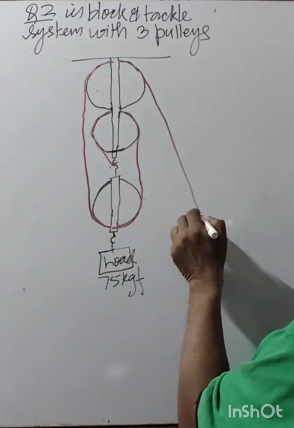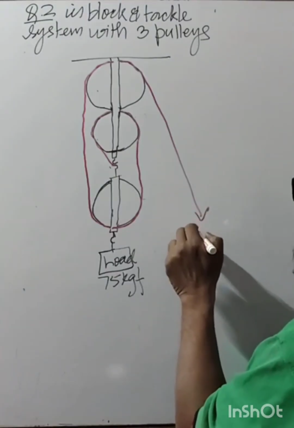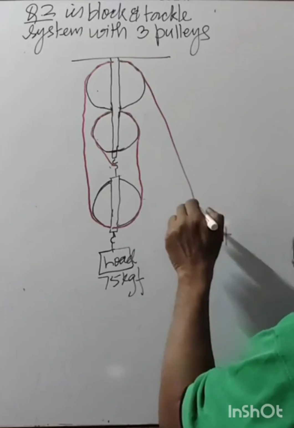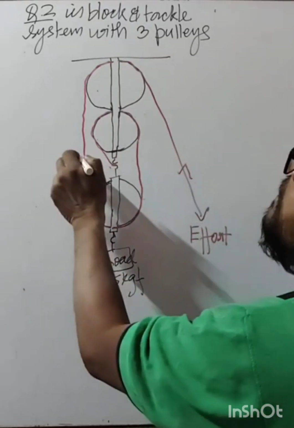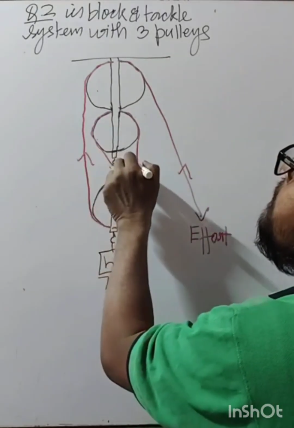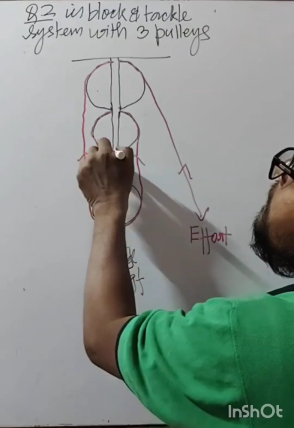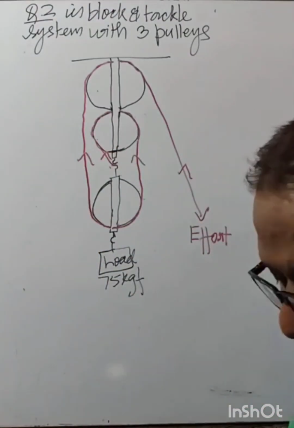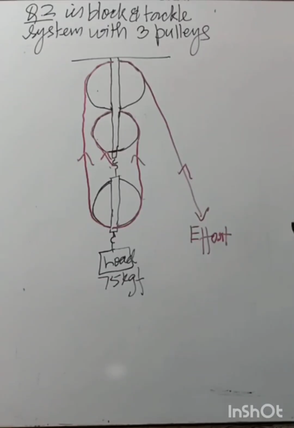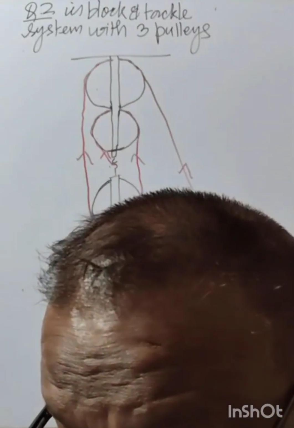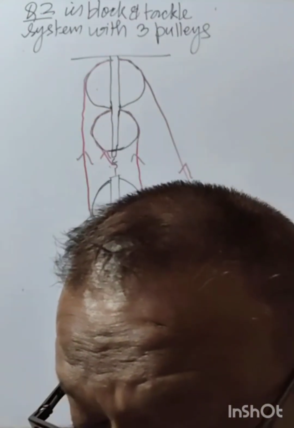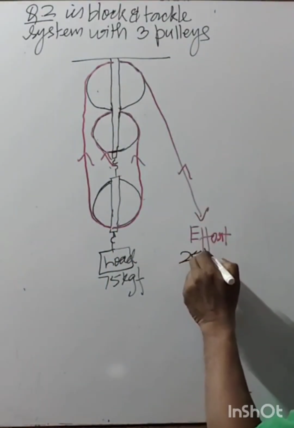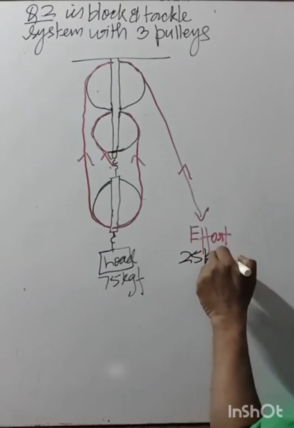Here is the effort, here is tension, here is tension, here is tension, and here is tension. In the block and tackle system, the effort is 25 kgf, right?